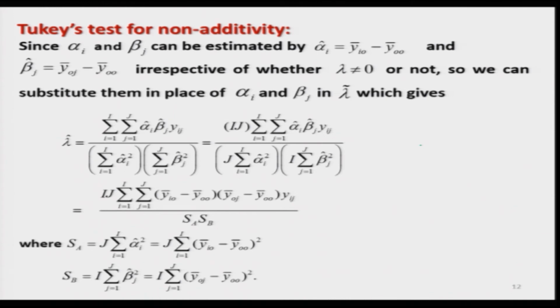We had established earlier that whether or not we take lambda equal to 0, the estimates of alpha_i and beta_j can be obtained. The unbiased estimator of alpha_i was obtained as y bar_i0 minus y bar_00, and an unbiased estimator of beta_j as y bar_0j minus y bar_00. So, can you substitute these values in this lambda?